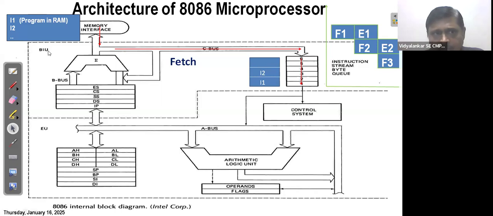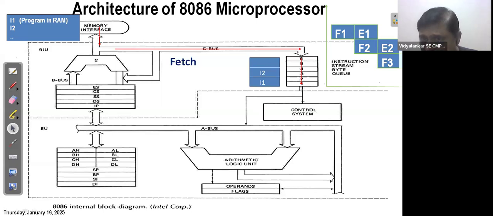What your BIU, the bus interface unit of 8086, does is go on fetching instruction 1, instruction 2, instruction 3 into this queue. And your EU, execution unit, will take instruction from this queue.